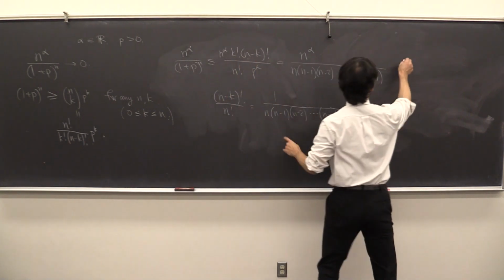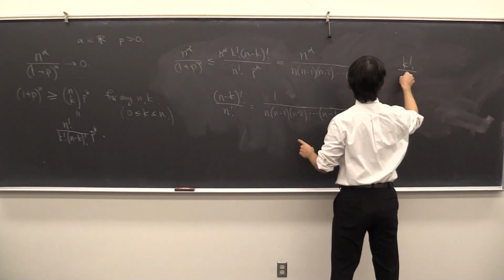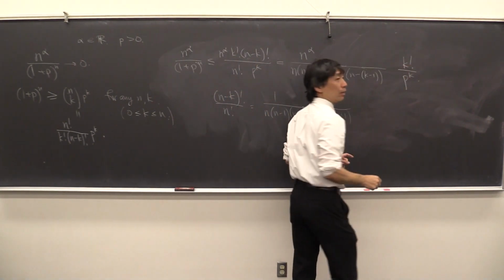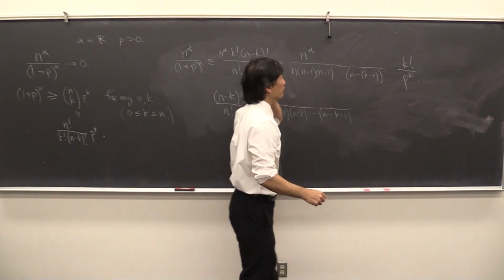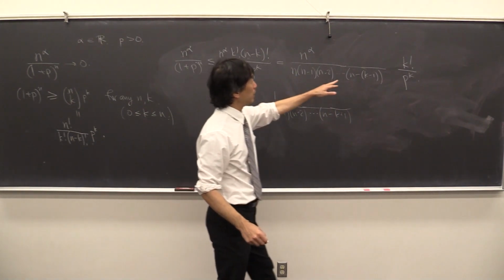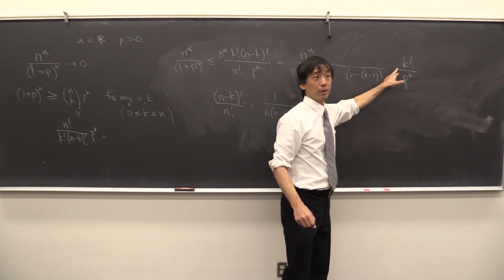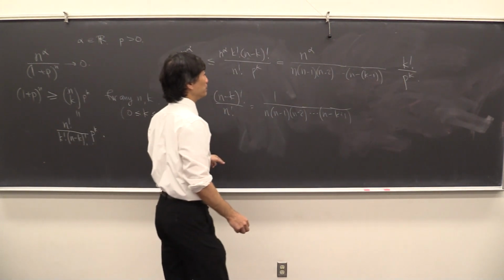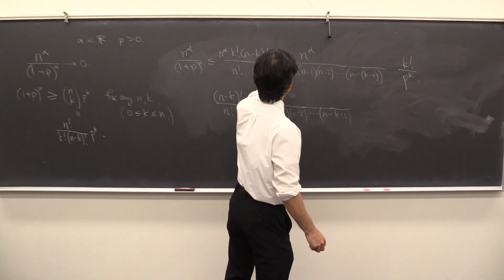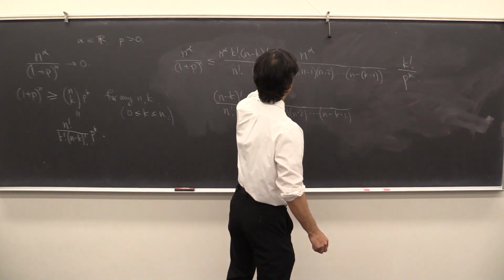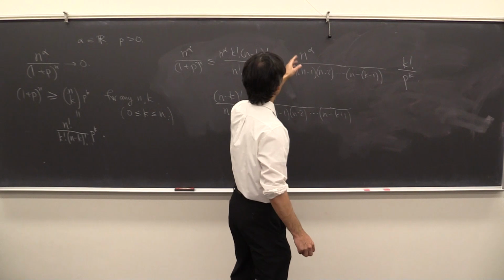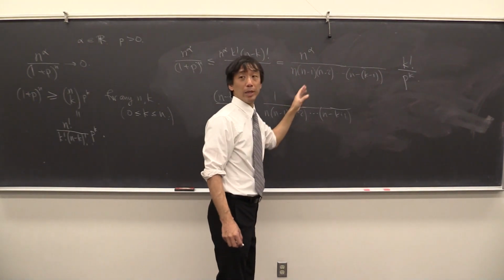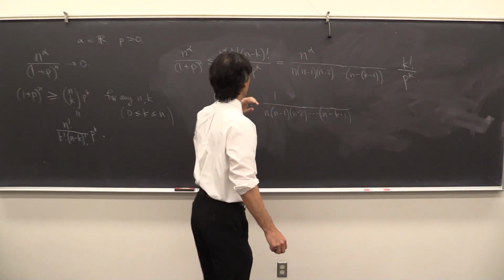Then we have this other term, k factorial over p to the k. That thing doesn't depend on n at all. And we're trying to show that we can make this thing go to 0.